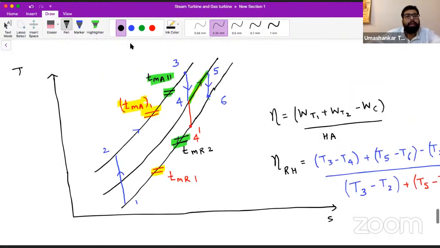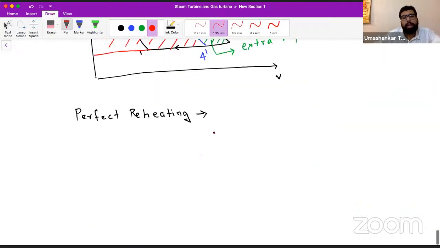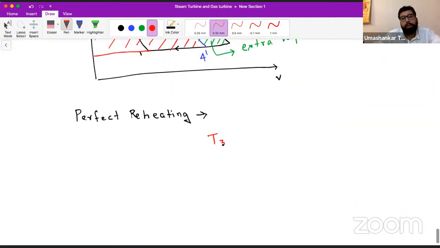In perfect reheating, T3 will become equal to T5 and the turbine work will go to maximum. So again we can do what we have done in the intercooling cycle.